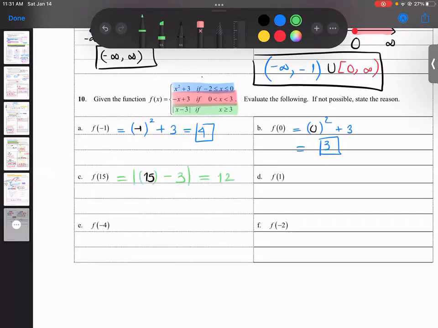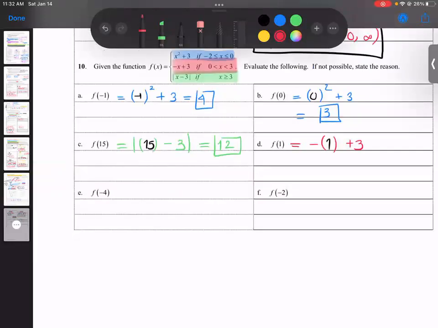Absolute value of 12 is 12. F of 1. 1 belongs to the red function, between 0 and 3. So negative something plus 3, and that something is 1. -1 plus 3 is 2.